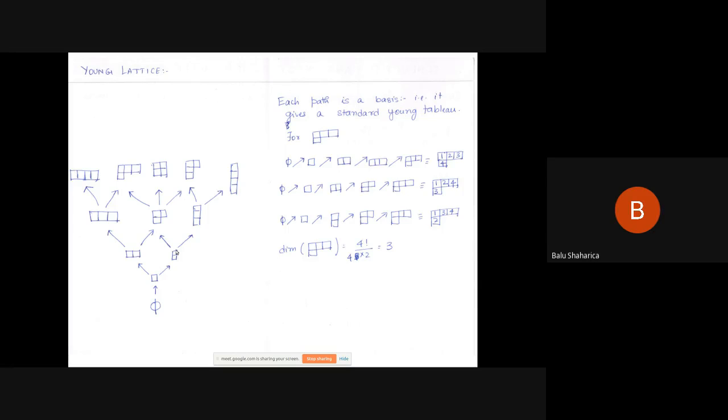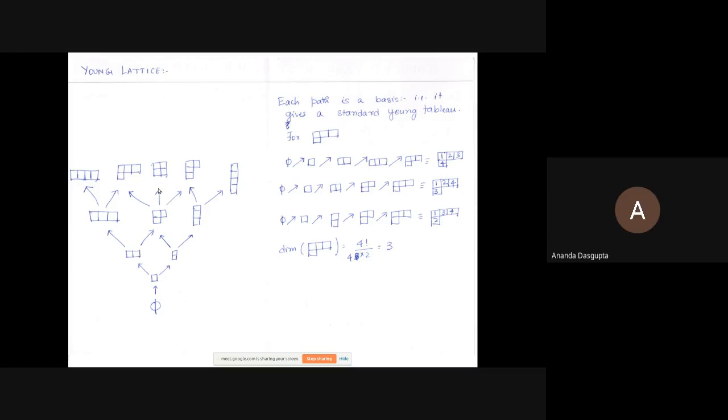This will not be apparent at this stage, but for example, if you look at the middle top one, when you add a box to this, you can add a box to the top right or to the bottom corner, but you cannot add, say, to the second row, because that would violate the basic structure of a Young tableau. When we're adding, we need to make sure that it's still a Young diagram. Keeping that in mind is how many ways you can fill this up, and then it's the order in which you fill this up that gives you those numbers: 1, 3, 4, 2, and so on.